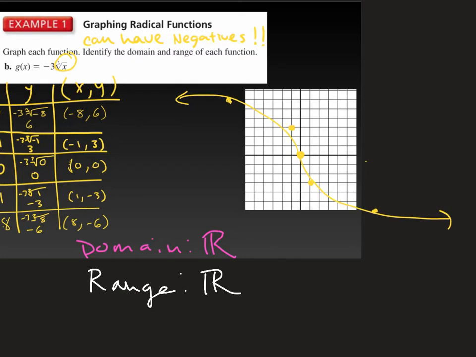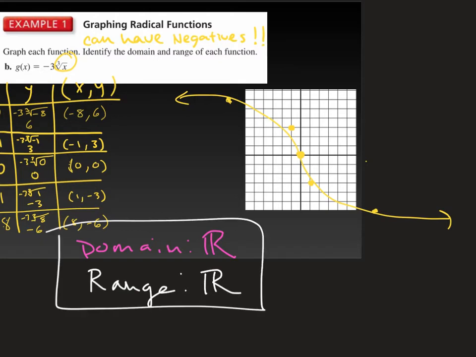The graph for the cubed root will always have the domain and range of all real numbers. For the square root graphs, you have to think about what your domain and range is. For the cubed root, it's always going to be all real numbers for both. Anytime it's a cubed root, your domain and range will be all real numbers.